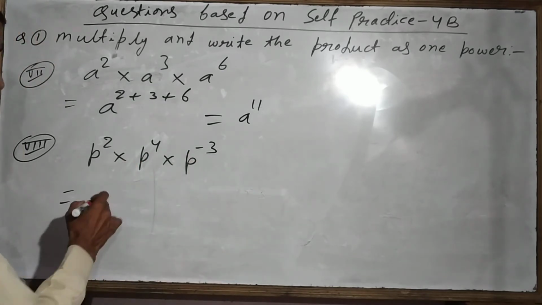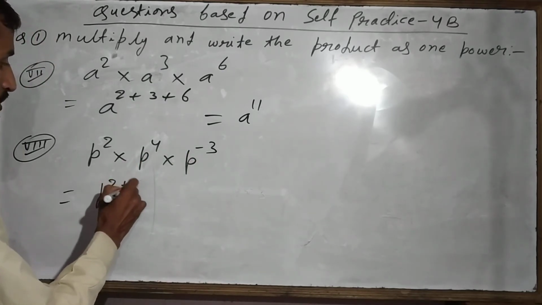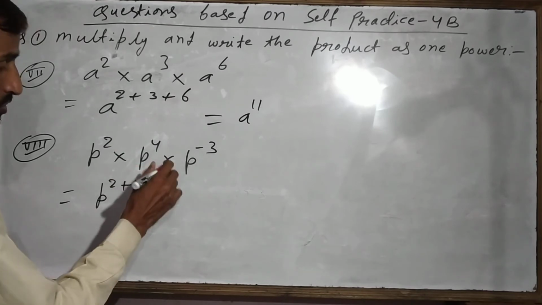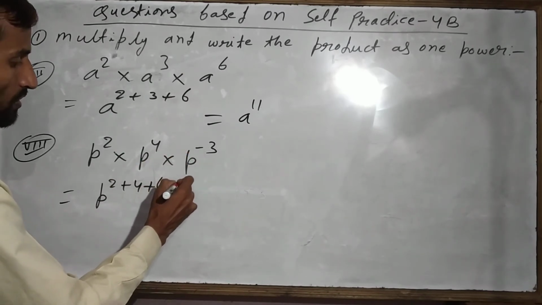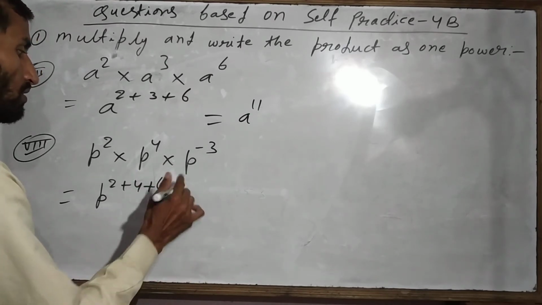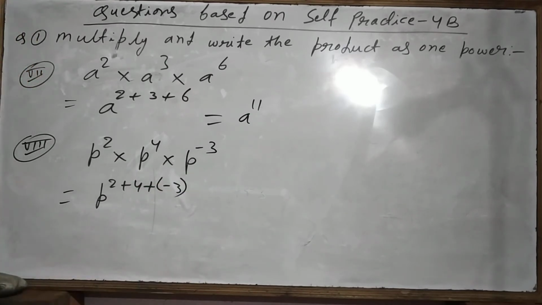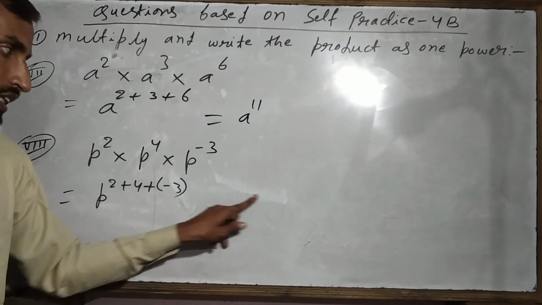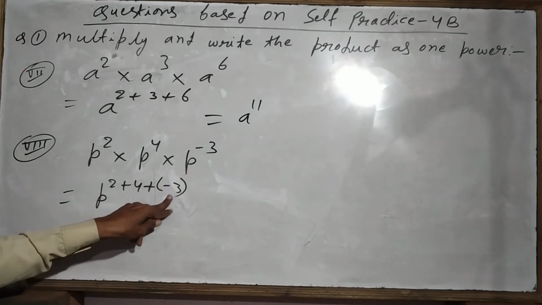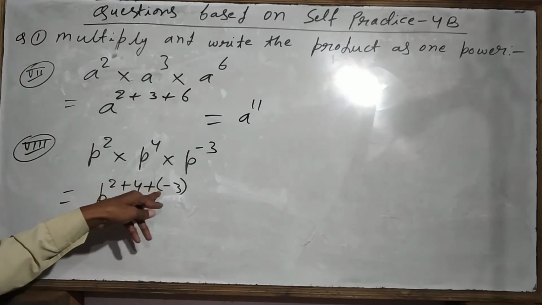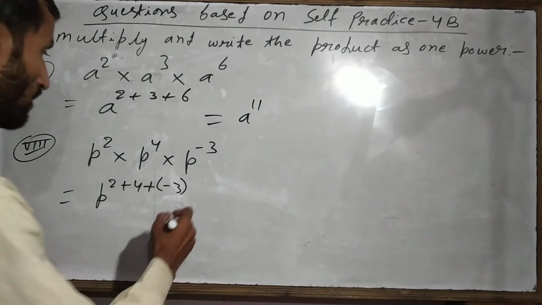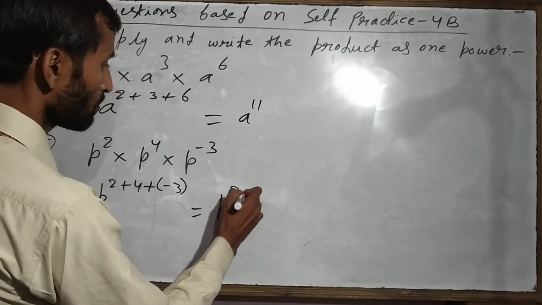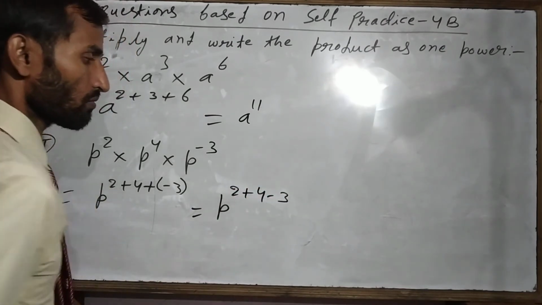So again we will add all the powers. 2 plus 4, here plus, you have to put plus, but the minus sign is there, so just put a bracket around minus 3. Okay, because the minus sign is there, that's why I have put a small bracket here. Next we will remove this bracket, then plus minus will come. Okay, so p power 2 plus 4 minus 3 will come like this.